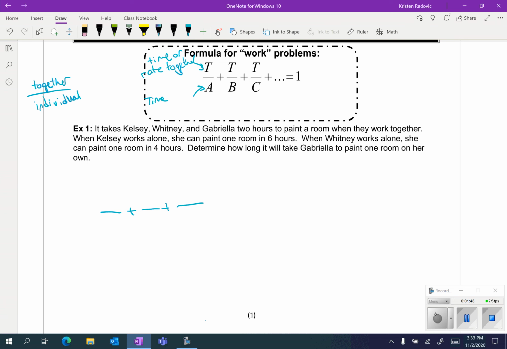Time or rate. So you have the time or rate for person A. Then you're going to have the time or rate for person B. And you're going to have the time or rate for person C. You're going to be equal to the number of projects.